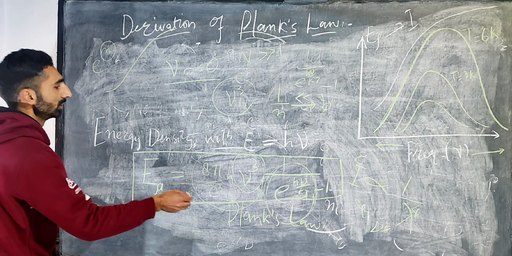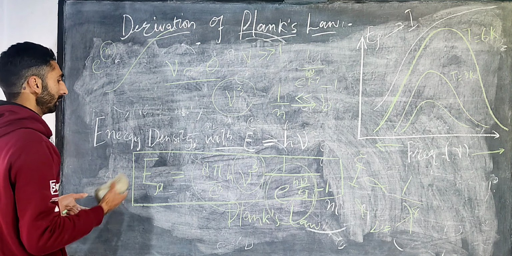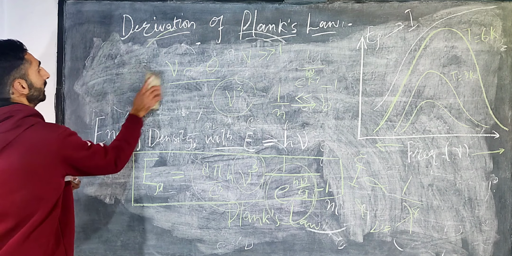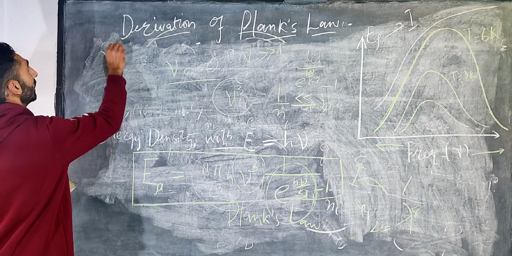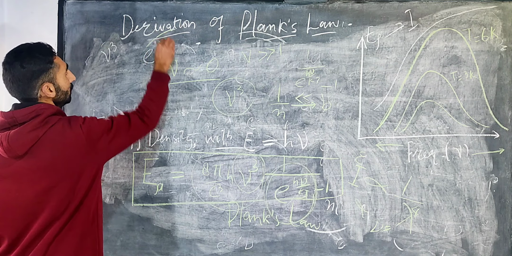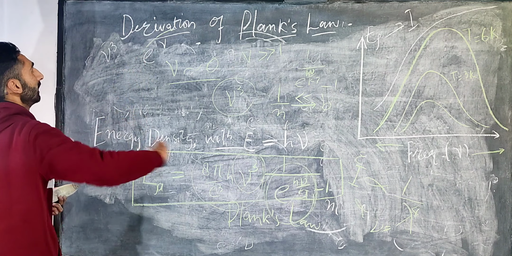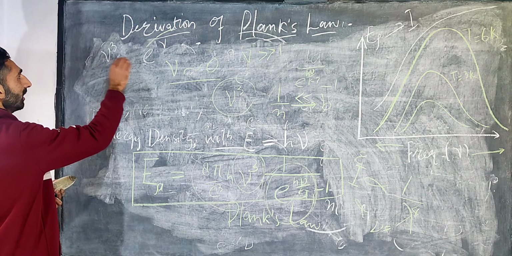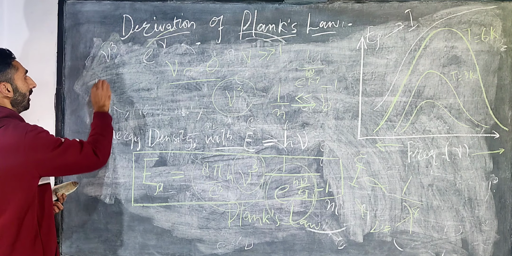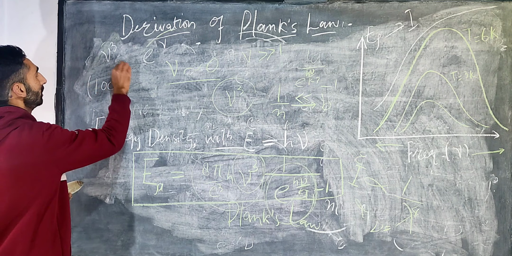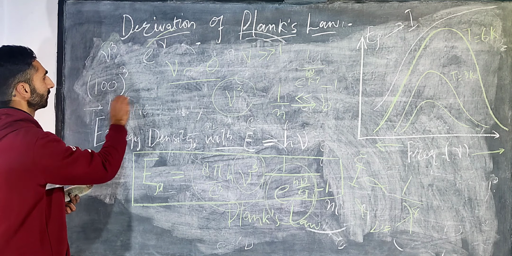For example, we are having these two terms here. One is nu cube and the other is e to the power nu. Other things are constant, so keep that aside. If we take larger values of nu, say for example 100 to the power cube, we'll get a number 10 to the power 6.